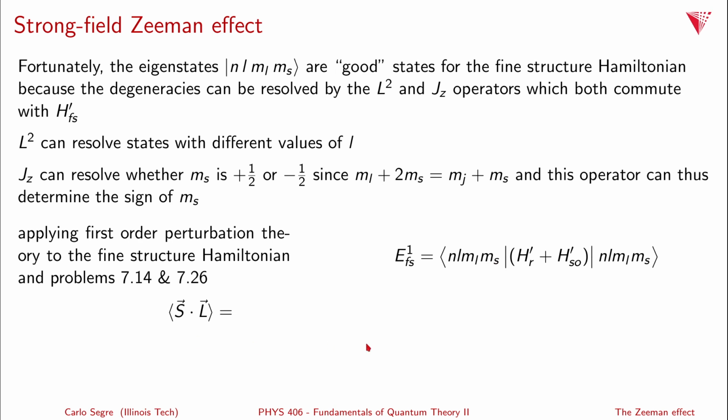Now S dot L, which is the spin orbit term, can be broken up into three terms. The expectation value of S dot L is equal to the expectation value of S sub X times the expectation value of L sub X, plus the expectation value of S sub Y times the expectation of L sub Y, plus the expectation of S sub Z times the expectation value of L sub Z.